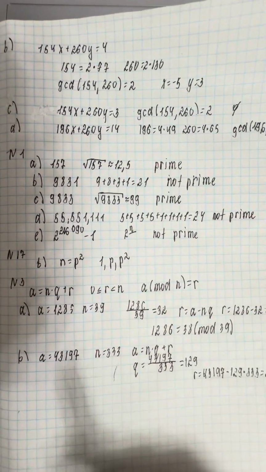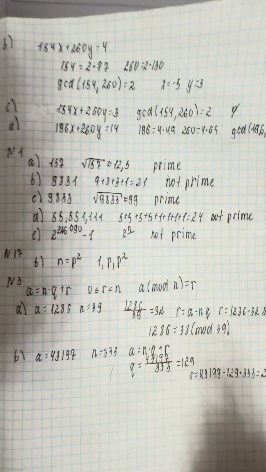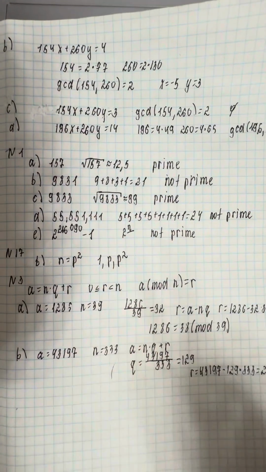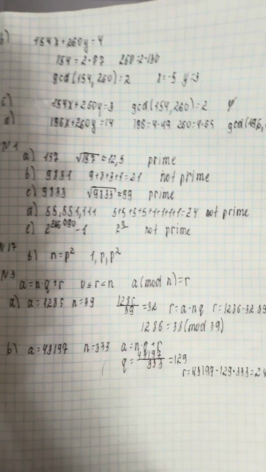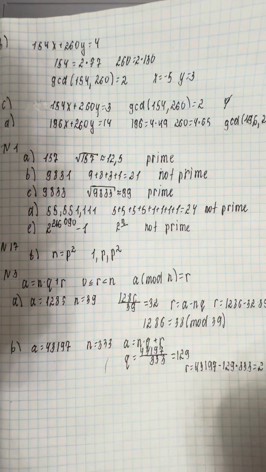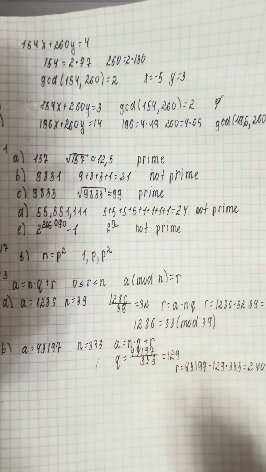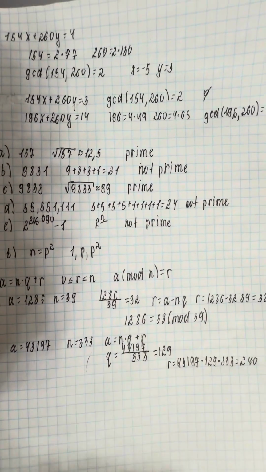Part B, we are given a equal to 43,197 and n equal to 333, and we need to find q.